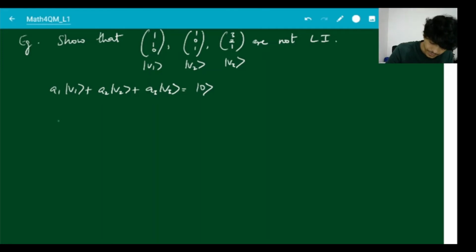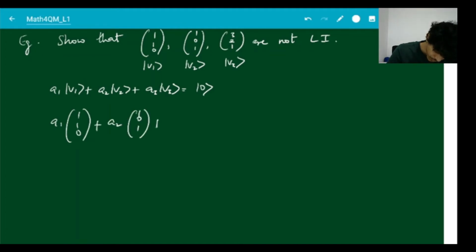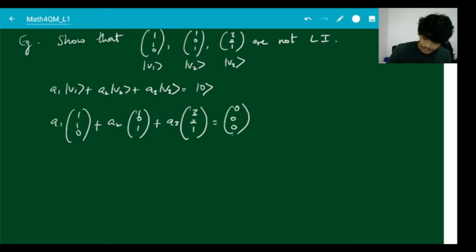So over here we will get something like a1 times 1, 1, 0 plus a2 times 1, 0, 1 plus a3 times 3, 2, 1 is 0, 0, 0. So from this you get three equations. What do you get? a1 plus a2 plus 3 a3 is 0. a1 plus 0 a2 plus 2 a3 is 0.